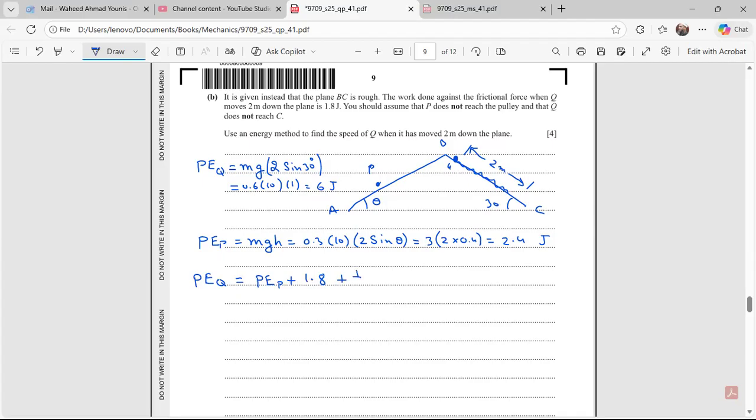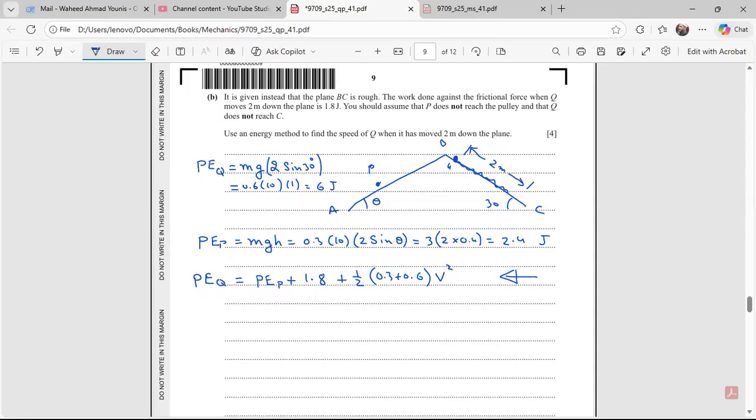So that is going to be half, and their masses are 0.3 plus 0.6, and assume the velocity of these objects is v, so this is v squared. I hope this expression is clear to you. This is very important: the loss of potential energy of object Q is equal to the gain of the potential energy of P plus the work done against the frictional force plus the kinetic energy of both the objects which are moving now.